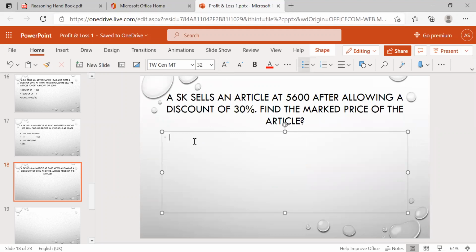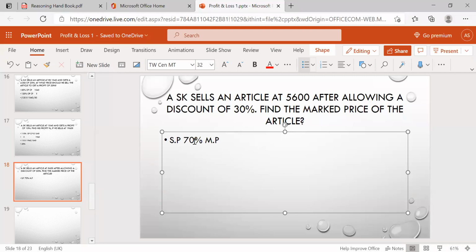We already discussed that discount is always calculated on the market price only, right? So SP is nothing but 70% of the market price, right? 30% is given as discount, calculated on the market price.